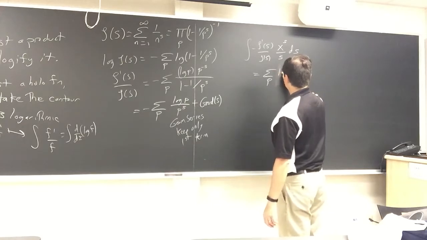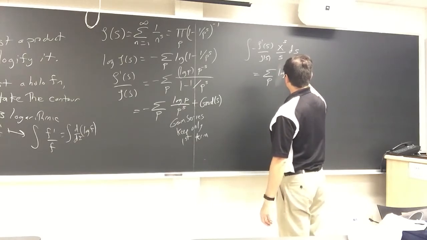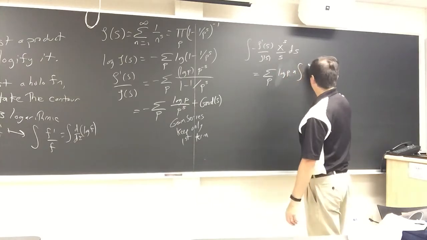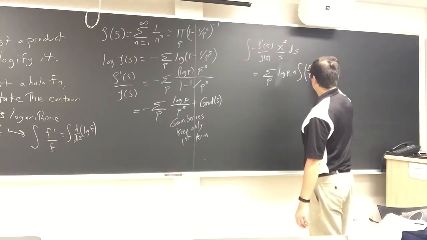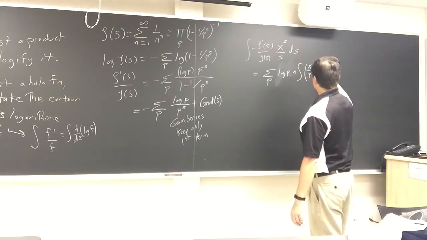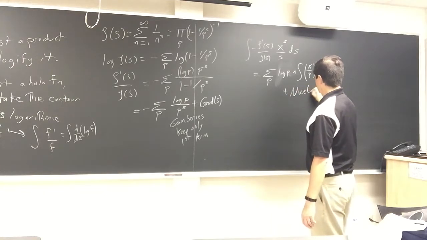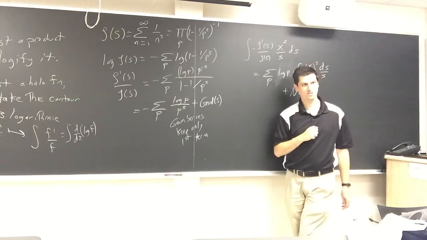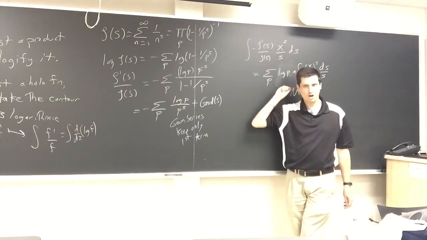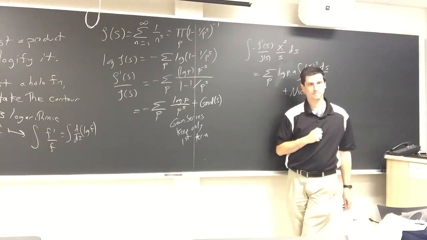I'm going to write it like this. Log p times the integral of x over p to the s ds over s plus. So the integral of good becomes nice. All right? That stuff can all be handled.